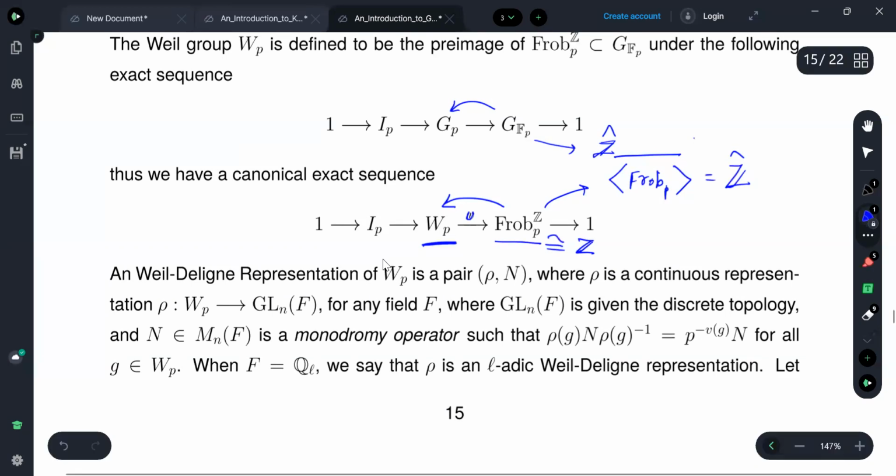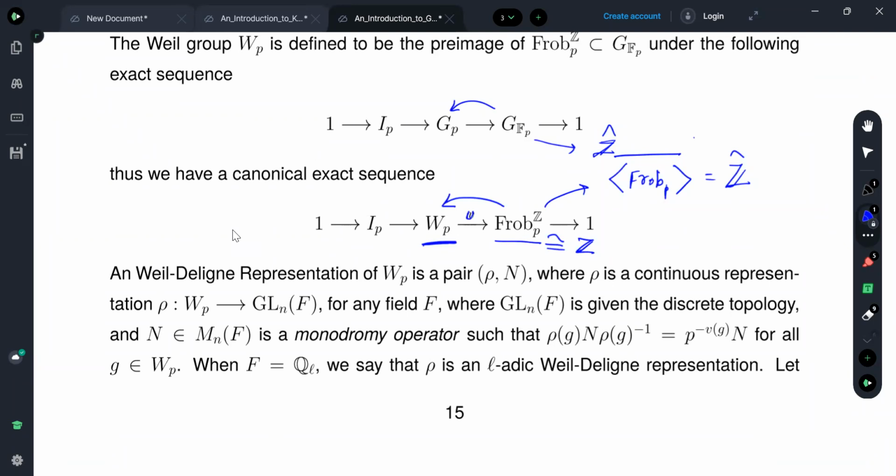So a Weil-Deligne representation of W_p is a pair rho and a specific operator N inside the n by n matrices with elements in F, where rho is a continuous representation from W_p to GL_n(F), where F is a field and GL_n(F) is given the discrete topology.